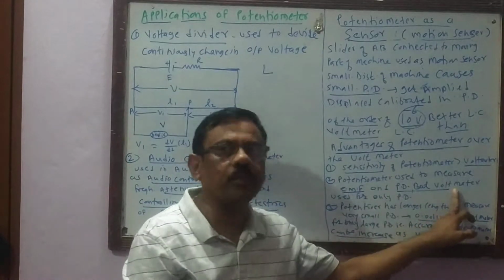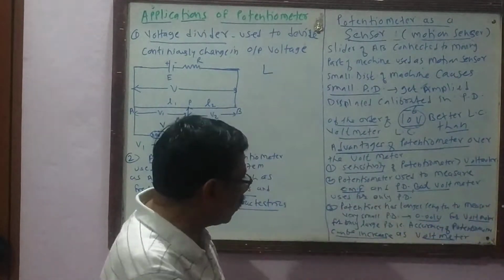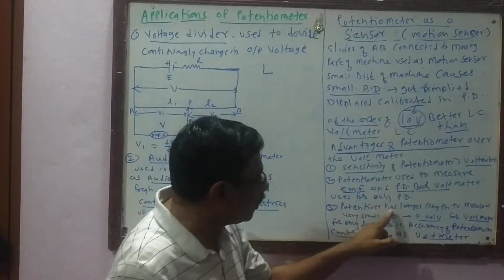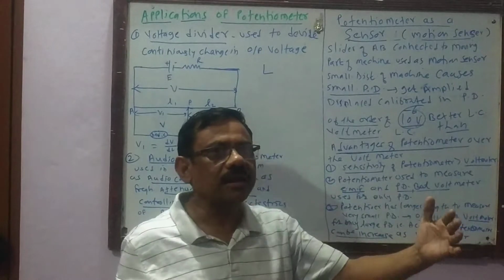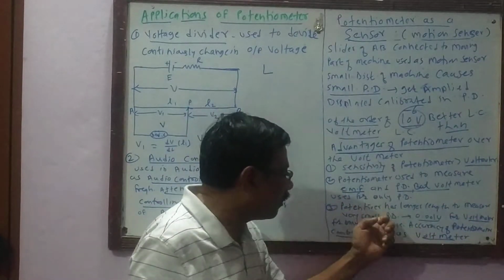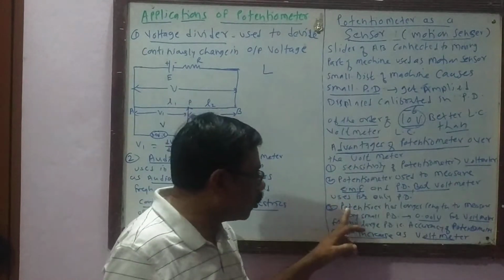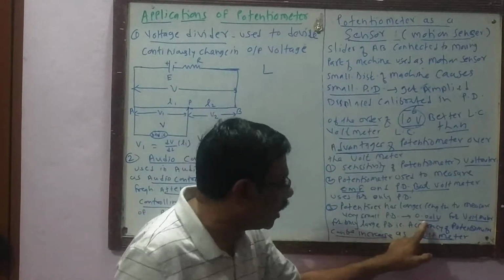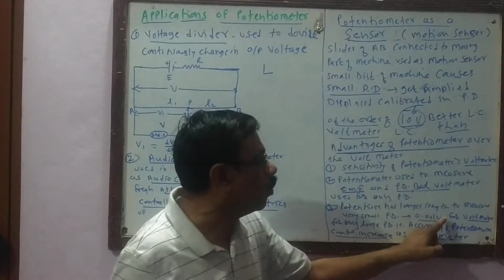But the voltmeter is only used to measure the PD, potential difference, only. The third advantage is that the potentiometer has a longer length, and since it has a longer length, its potential gradient is made smaller and smaller. Hence the potentiometer is used to measure a very small PD of the order of 0.001 volt.